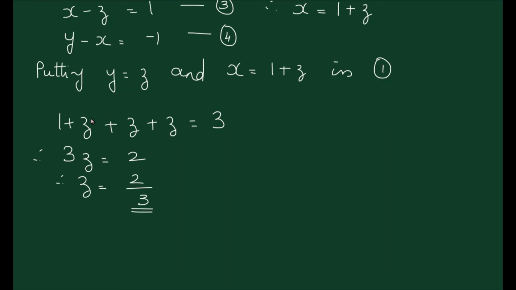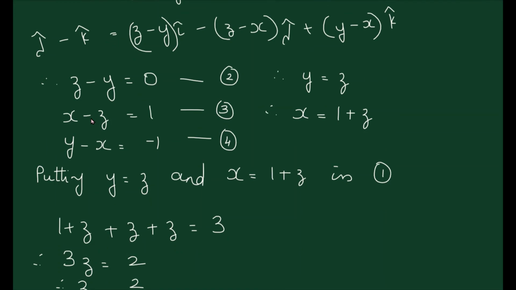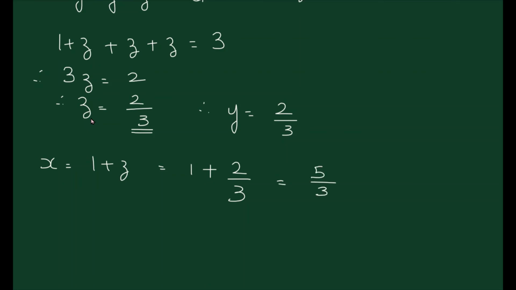We also have from the second condition, Y is equal to Z, and therefore Y becomes also 2 upon 3. And what about X? X is equal to 1 plus Z from the third condition, which is 1 plus 2 upon 3, which is 5 upon 3.